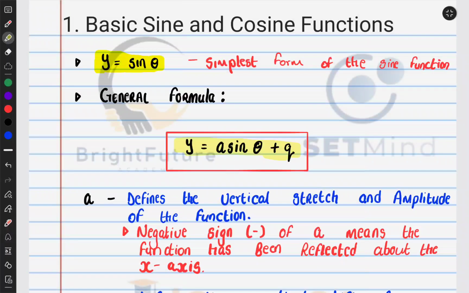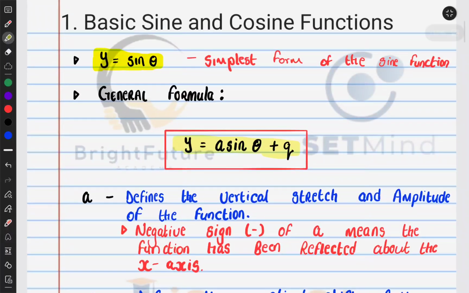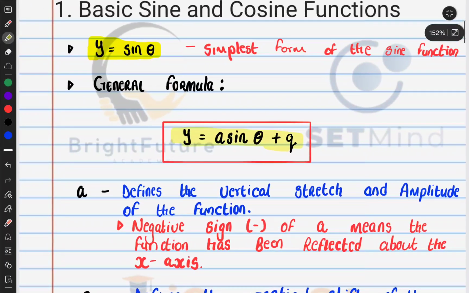As you might know, or you might be already familiar if you have watched our course on functions, the a does two things. It defines the vertical stretch, so it stretches the function further away from the x-axis or from the baseline, and for the trigonometric function, it also determines the amplitude of the function.